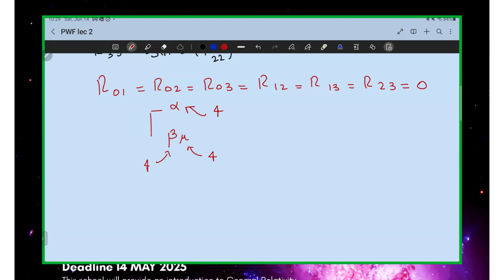So there are 4 times 4 times 4, which is 64 different components that you have to calculate for the Christoffel symbols. That's a lot. But the thing is that you don't have to. There is a fast way to calculate all the Christoffel symbols, and I'm going to tell you how to do that. If you're able to do that, then calculating the Ricci tensor is not that hard actually.